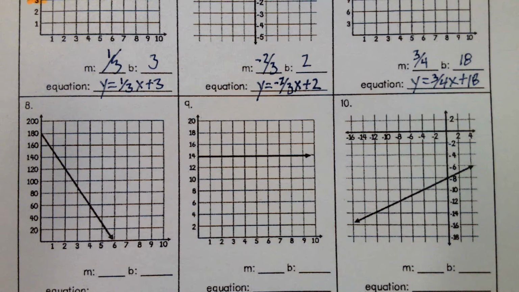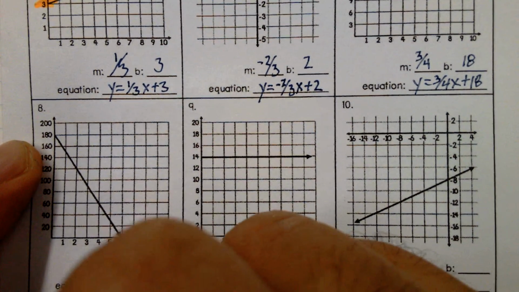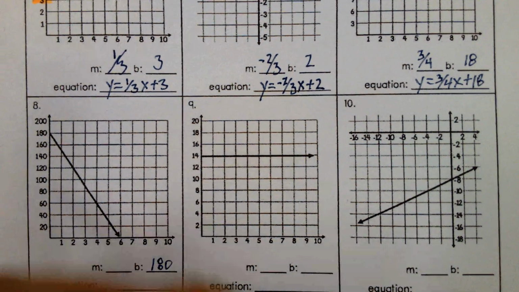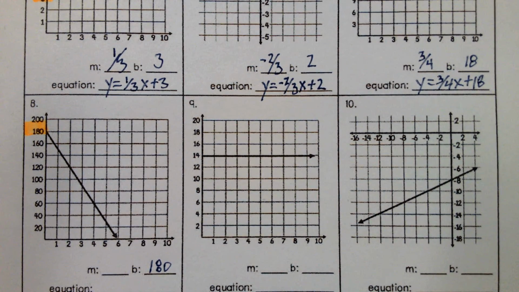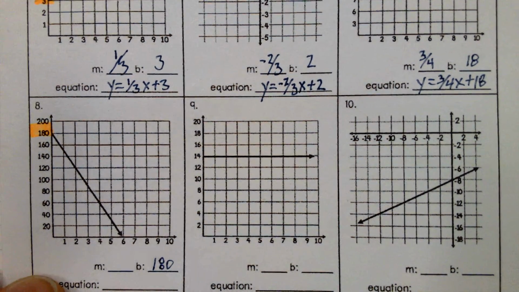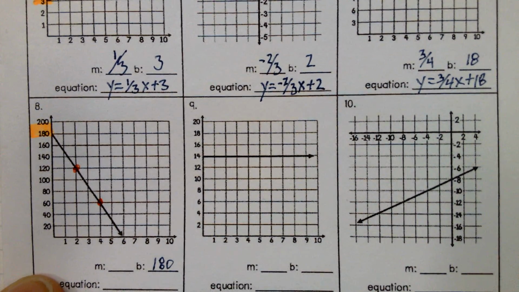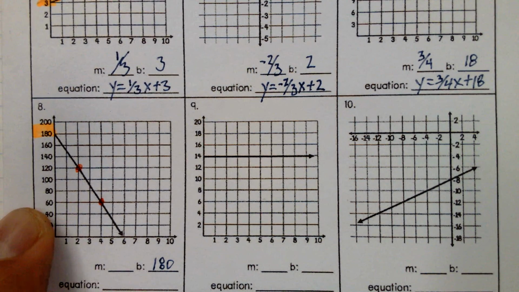Let's see this one. Well, the y-intercept is definitely 180. I usually start there, to be honest. That's the quickest and easiest one to find. I'll pick this point and this point. So I'll pick (2, 120) and (4, 60).